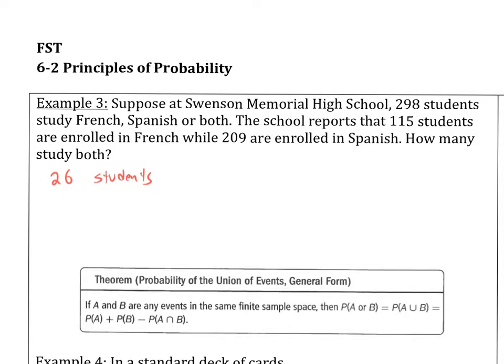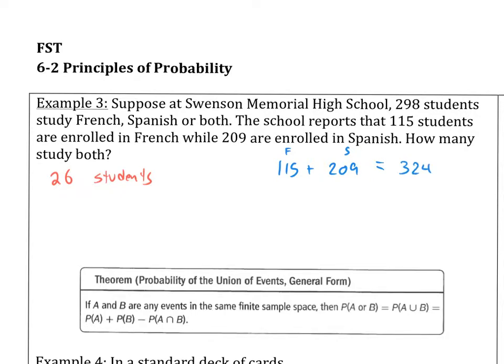Now, clearly that doesn't mean individual students. It just means how many seats are taken up in those classes. So some students are accounted for twice. So the school reports that 115 are in French, plus the 209 that are in Spanish. When we add those together, we get 324.